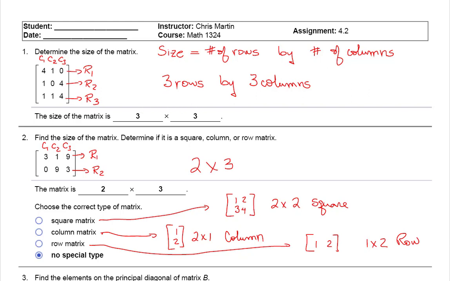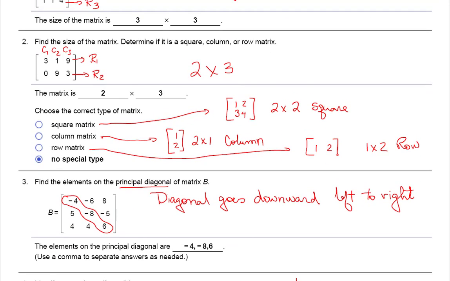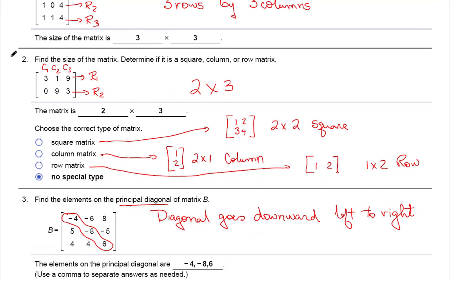All right, in question 2, they're going to ask us if the matrix is square. Square would mean that it was the same size in terms of columns and rows. So it could be 2 by 2, 5 by 5, 3 by 3.